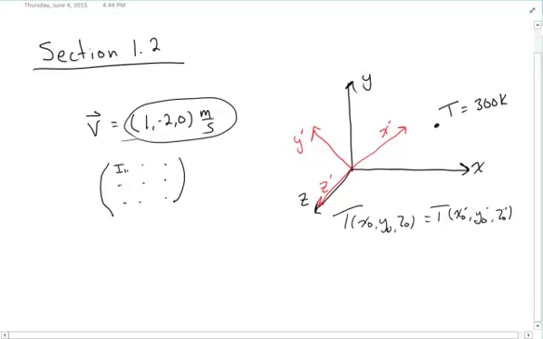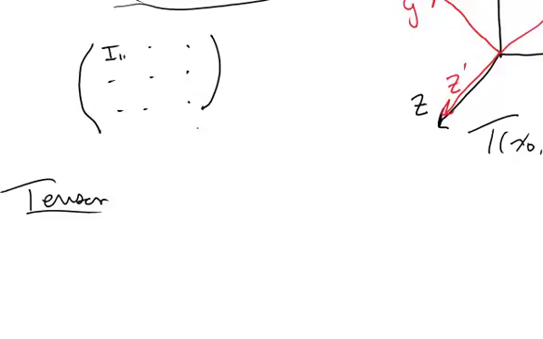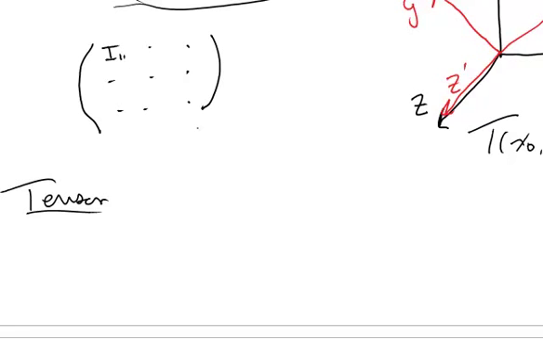Now, before we move forward, I do want to mention the notion of a tensor, because this term will come up again and again. I just want to say, what exactly is a tensor? Well, that's what we've been talking about. A tensor is nothing more than a physical property whose mathematical representation satisfies certain transformation properties. So, for example, a rank 0 tensor is a quantity that is invariant under coordinate changes. In other words, a scalar.